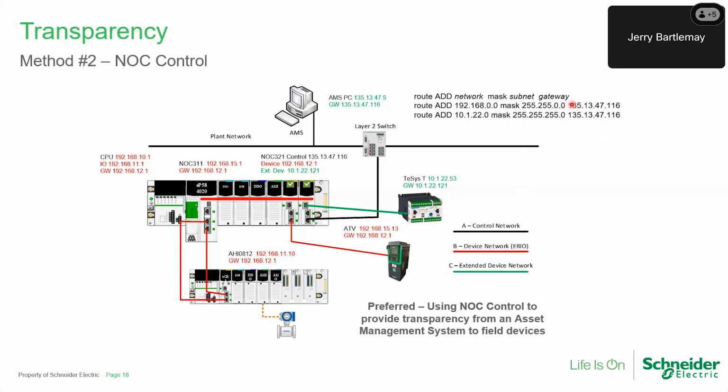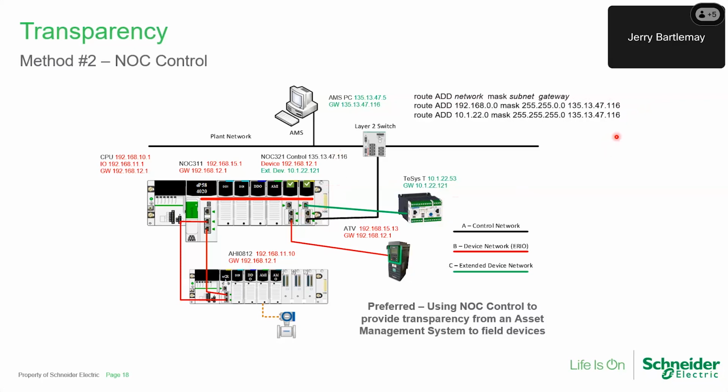And then the gateway address, in order to get to any device that are in these subnets, we need a gateway address for it to send the message to. And that is the NOC 0321's IP address on the plant network subnet. Right?